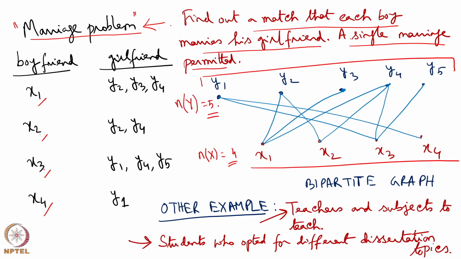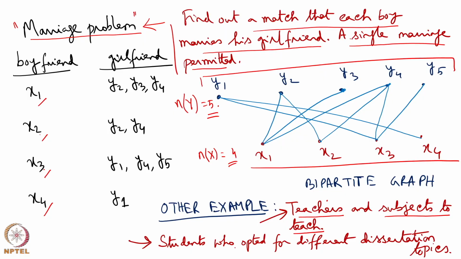So, with the condition that we have set, there will be one girl who will remain unmarried, or the correlation or matching will not be possible for her. There can be other examples. There are a few teachers in a school and a few subjects to be taught. One teacher can teach more than one subject, so you can write a column of teachers T1, T2, T3 and subjects S1, S2, S3, and you can create a bipartite graph.